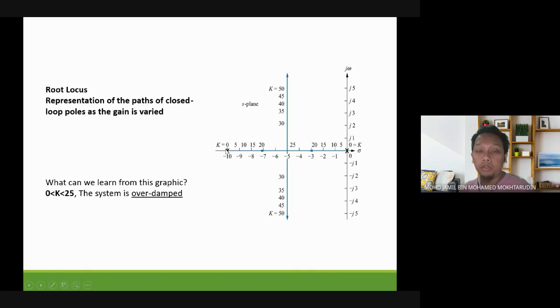So when you have poles on the x-axis, the system is overdamped. And when our k is at 25, or when your pole is at the center here, then your system will be critically damped. And when we have k bigger than 25, so when your pole is not on the axis, the system is underdamped.